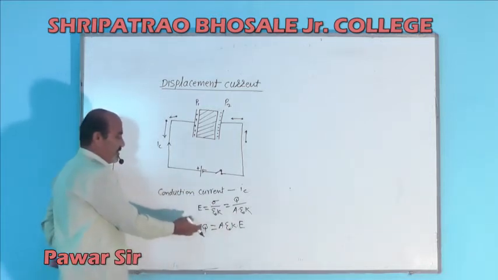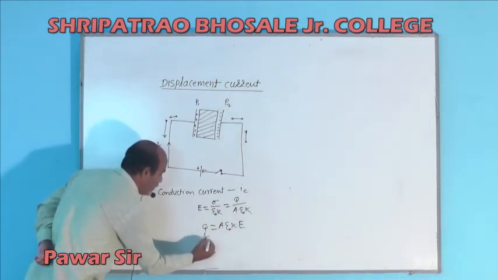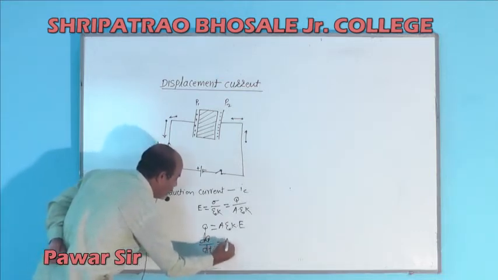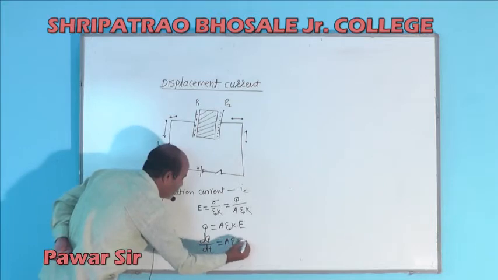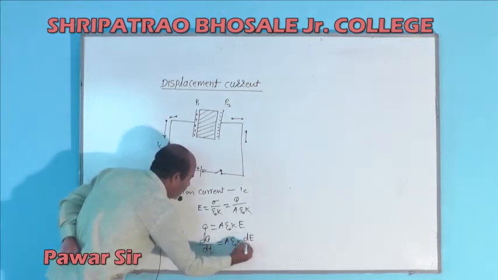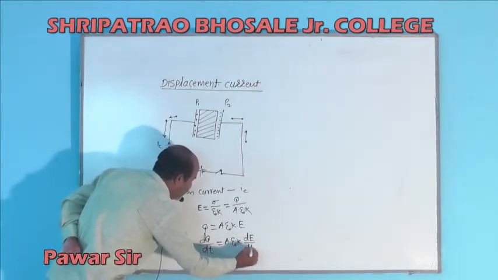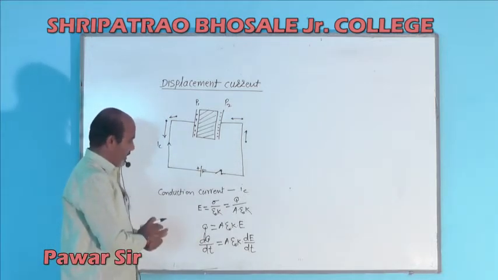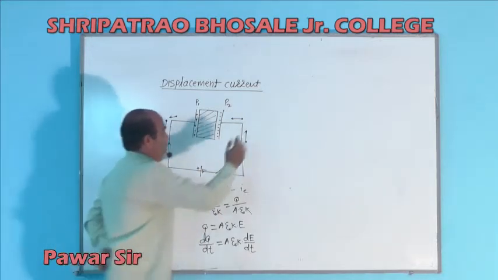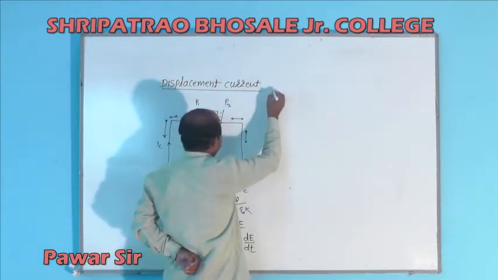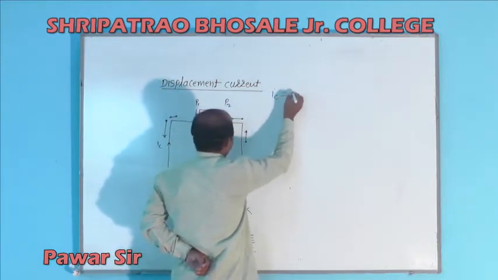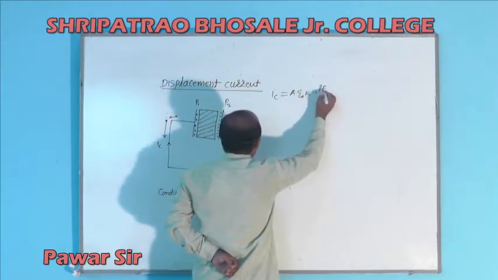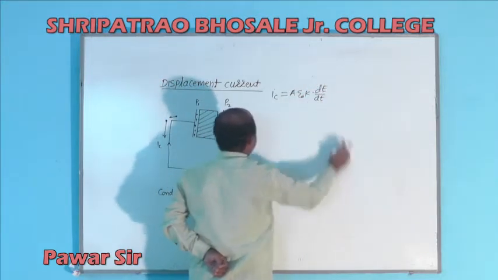So we can differentiate this equation with respect to time. dq by dt is equal to A epsilon 0 k into dE by dt. This rate of flow of charge dq by dt is conduction current IC, equal to A epsilon 0 k into dE by dt.